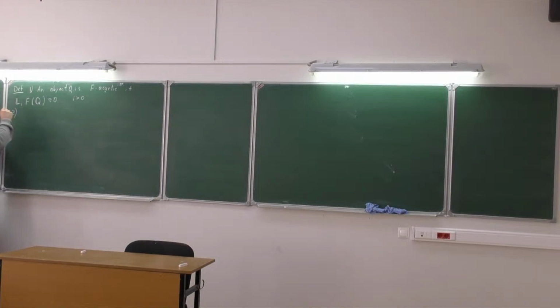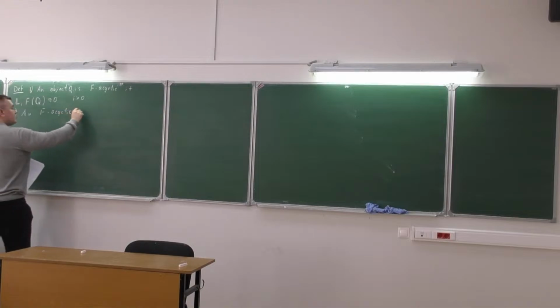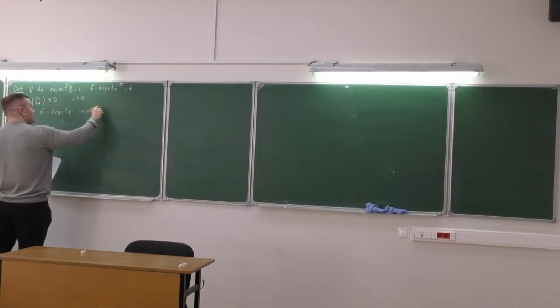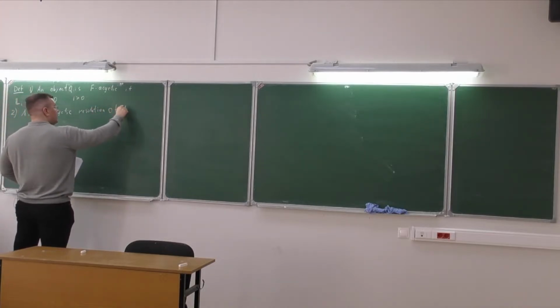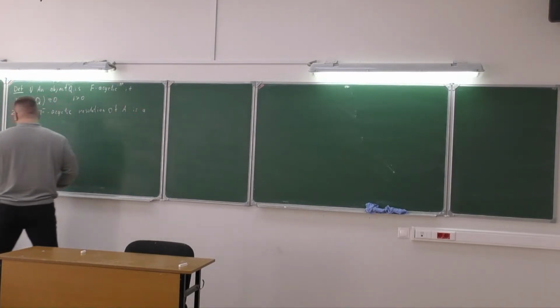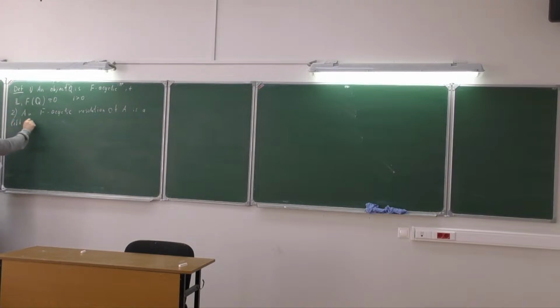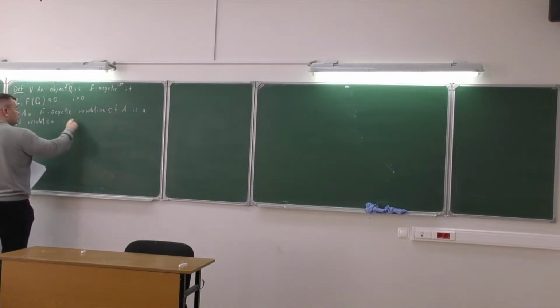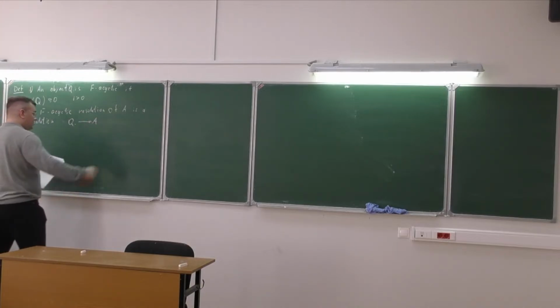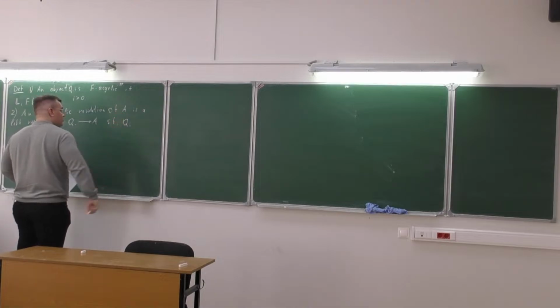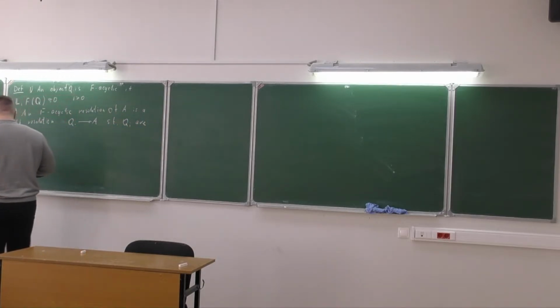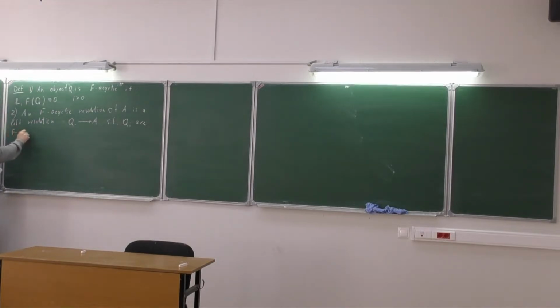So that is the first part of the definition. The second part: an F-acyclic resolution of A is a left resolution, so I'm going to call this Q with a dot of the object A, such that all objects Q_i are F-acyclic for any i greater or equal to 0.